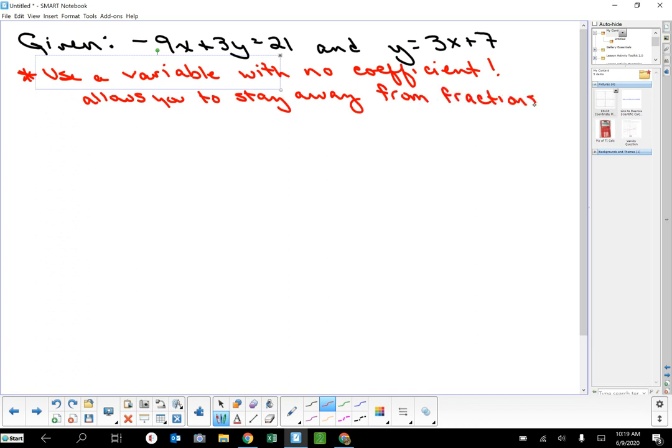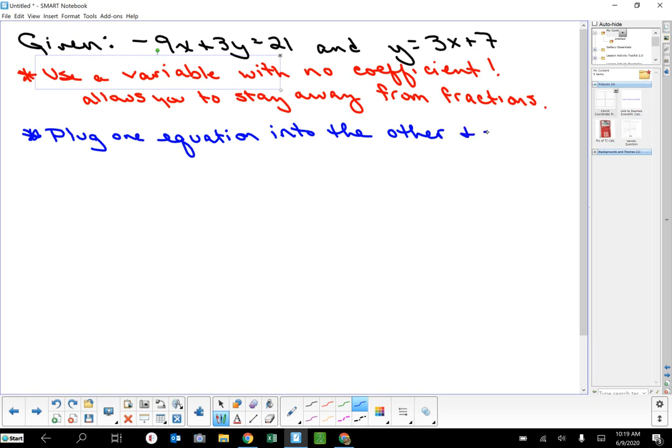And the whole idea when you solve by substitution is to plug one equation into the other. Okay, so here's goal 1: use a variable with no coefficient. 2, you're going to plug one equation into the other, essentially, so you're getting rid of the x or y variable, and solve for the remaining variable.